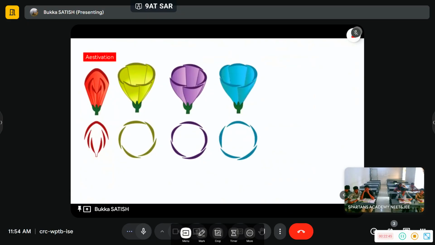Imbricate. Okay, this we haven't discussed, right? This is 1 plus 1 plus 3. This is actually called quincuncial. This I haven't discussed as we don't have it. This one, valvate aestivation.